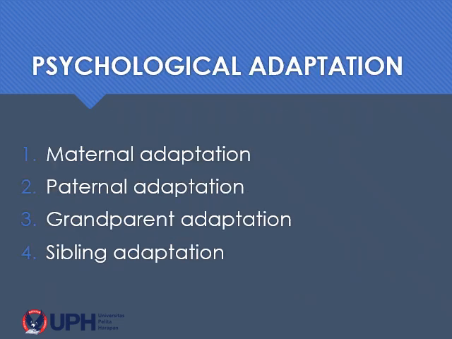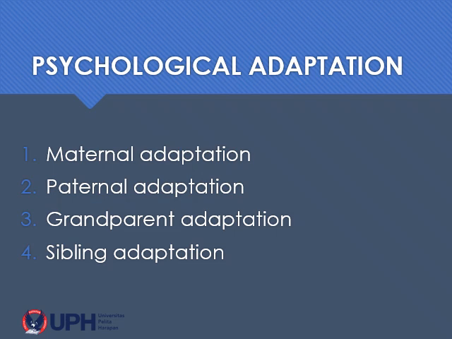Now, what are the psychological adaptations? The first thing is the maternal adaptation. The mother needs to adapt to the conditions of the pregnancy, prepare for the birth, and also prepare to take care of the baby in the future. And there is also a paternal adaptation.